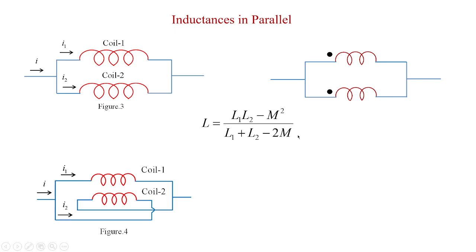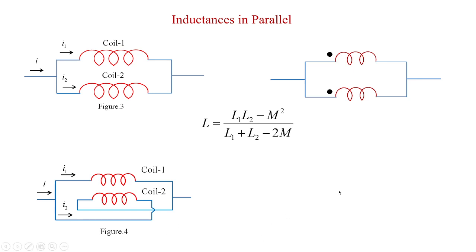In our earlier classes, we have seen the actual derivation of inductances in parallel, whether arranged in cumulative or differential way. Please go through that video to understand the proper derivation of total inductance calculations for cumulative as well as differential.